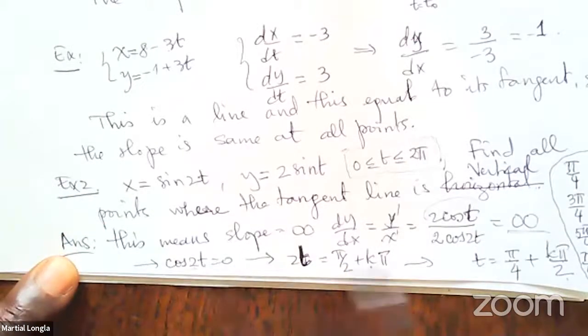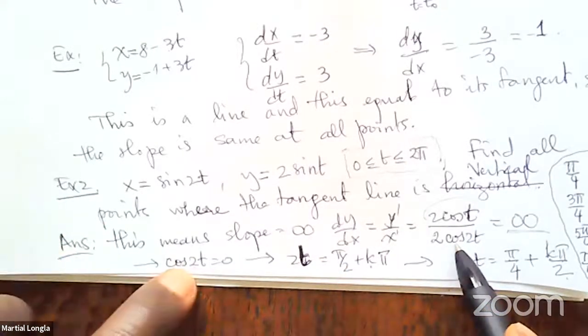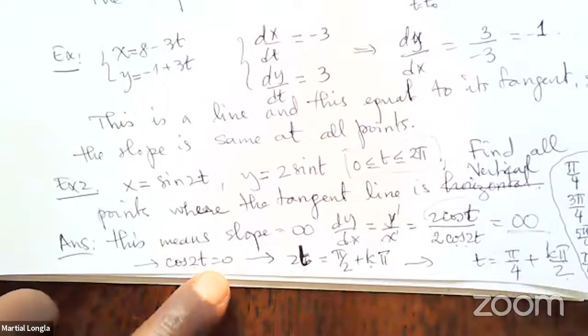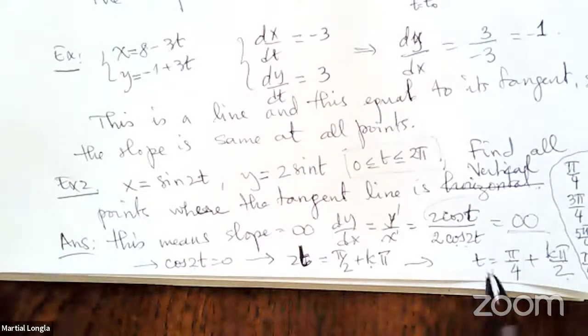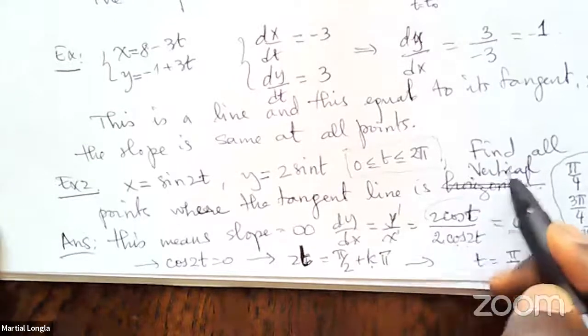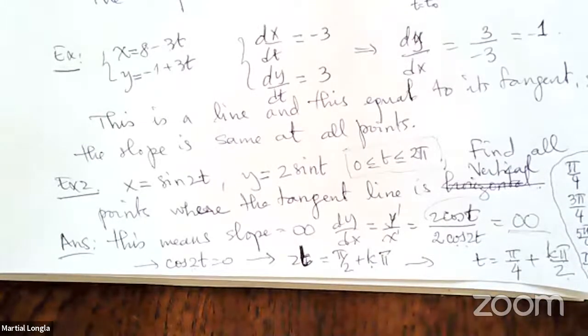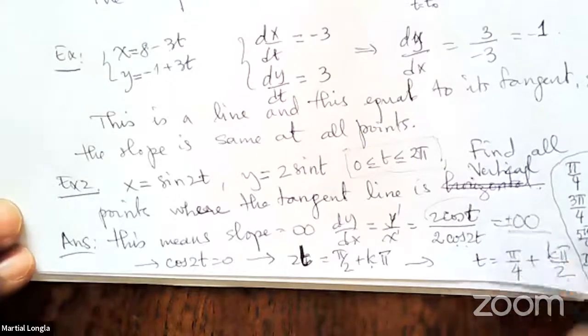And therefore the denominator is 0, and that's cosine 2t equals 0. Otherwise, everything that is written is going to be wrong. So change that horizontal to vertical. Vertical would mean that the tangent slope at that point, on each of the sides, is going to be infinity, either plus or minus.